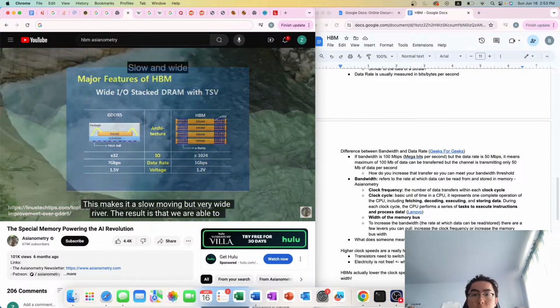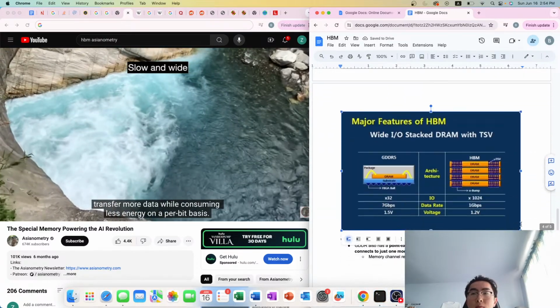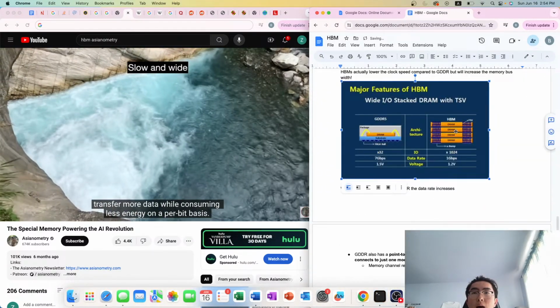This makes it a slow-moving but very wide river. The result is that we are able to transfer more data while consuming less energy on a per-bit basis.